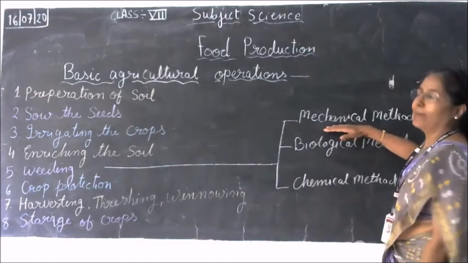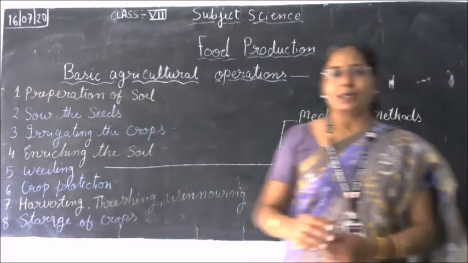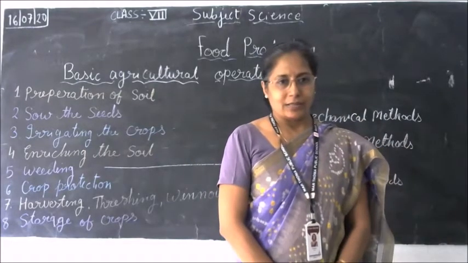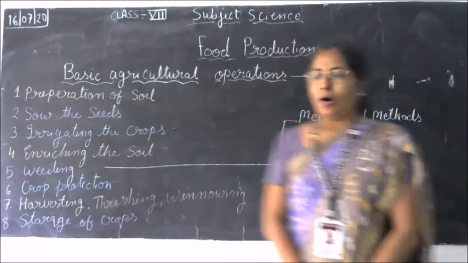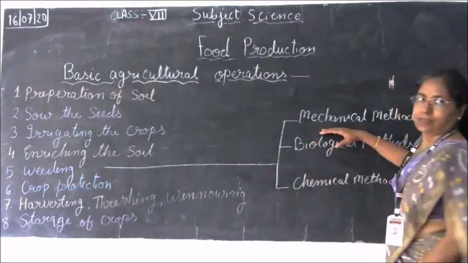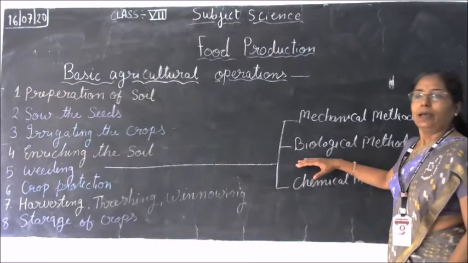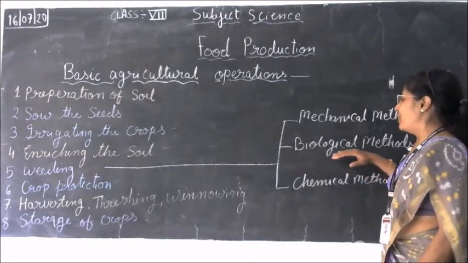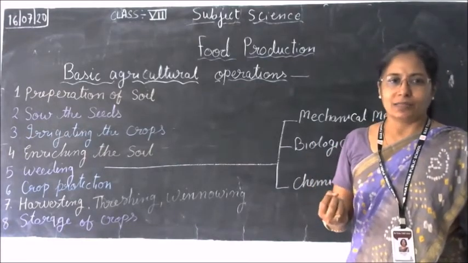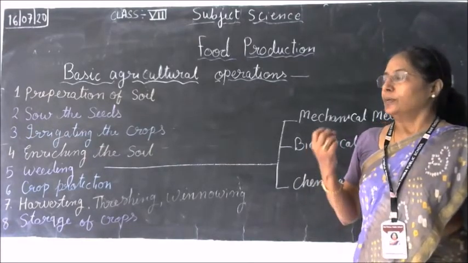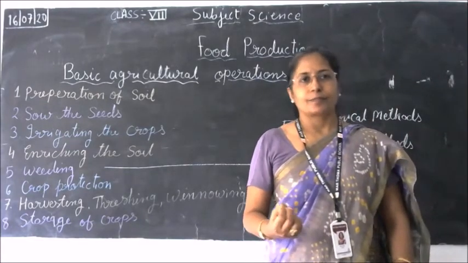First is the mechanical method, in which farmers have to cut these plants manually, or they have to burn these plants and destroy them. Second is the biological method. In this method, farmers use living plants or organisms to protect the crop from unwanted plants.